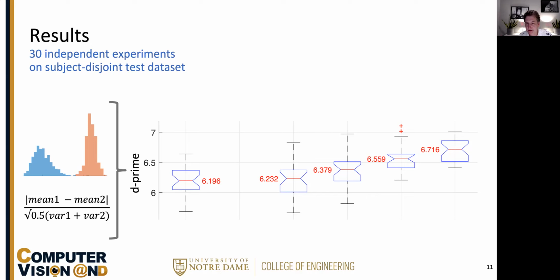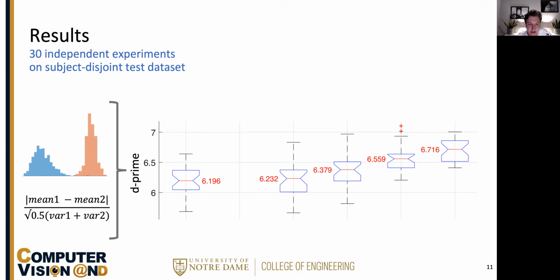The impostor score distribution should be around 0.5. A d-prime equal to 0 means that there is no difference between the distributions, which means it's a random chance classifier. A rule of thumb is that a d-prime larger than 3 means that this is actually a good classifier.